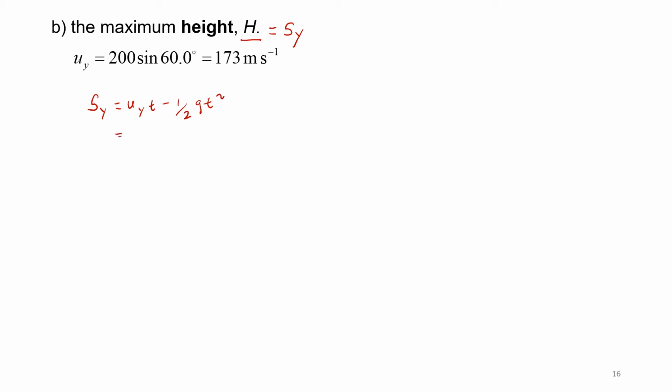Substitute Uy 173 multiply time 17.6 minus half multiply G 9.81 multiply time squared 17.6, and then we get the answer 1525 meter.